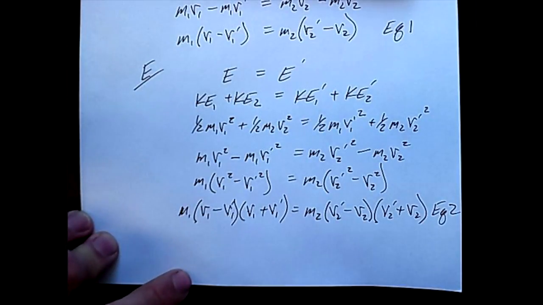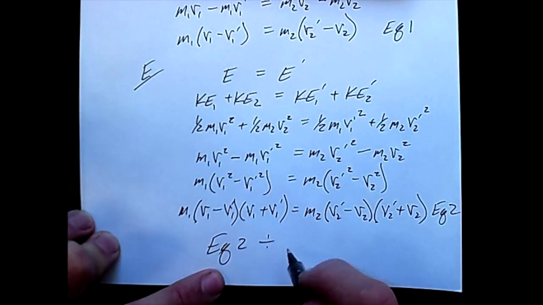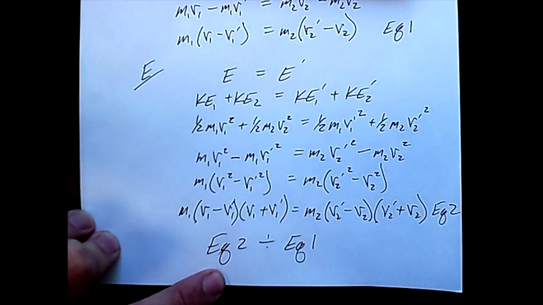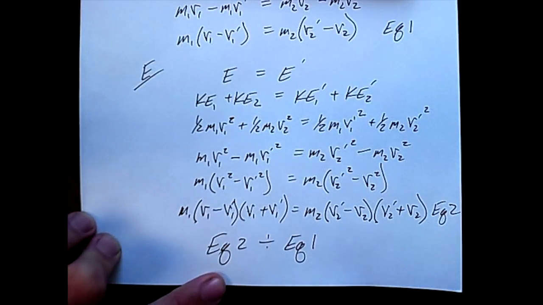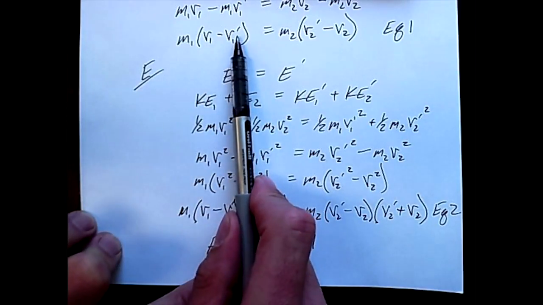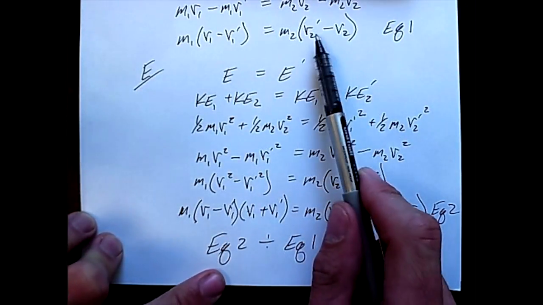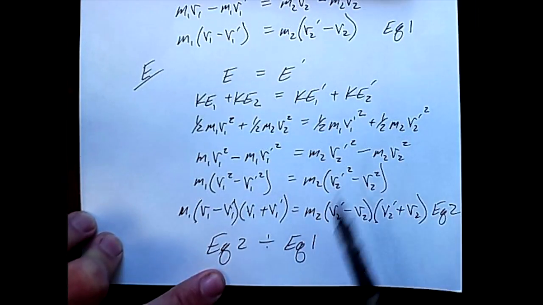then because the conservation laws hold true for both statements, if I take equation 2 and divide by equation 1, in other words, a system of equations eliminating some common variables, then m1 times v1 minus v1 prime, and m2 times v2 prime minus v2 are here.